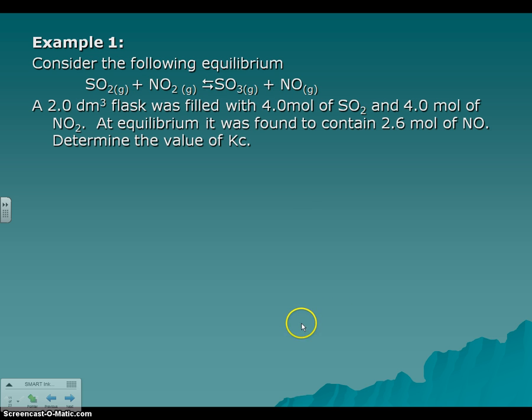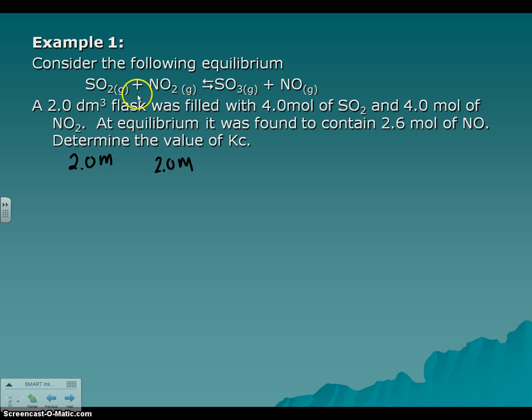So let's go ahead and set this up. First thing that I'm going to do, because I mentioned that we're going to be using concentration, so we need molarities, is I need to figure out the molarities of each one of the gases that I have. So what I have is 2 molarity of sulfur dioxide, and 2 molarity of the nitrogen dioxide.